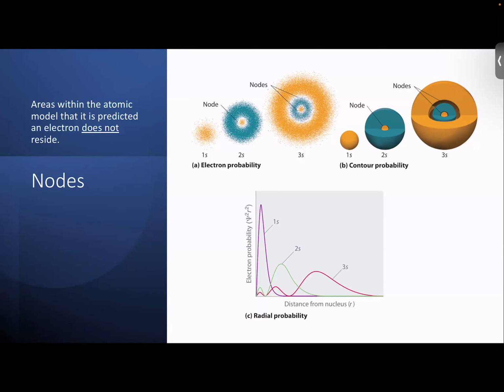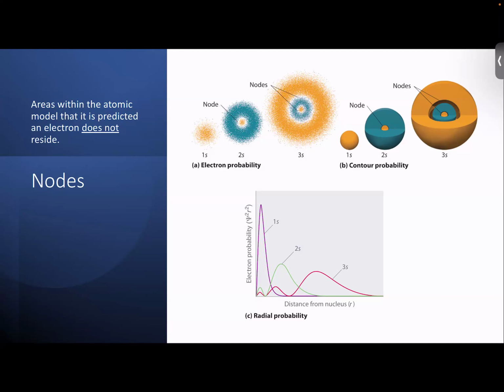When we get to the 3s, you have the 1s orange dots in the center. You have the 2s blue dots surrounding it, and you have the 3s orange dots surrounding that. And what you will see is there are two white lines that represent nodes.